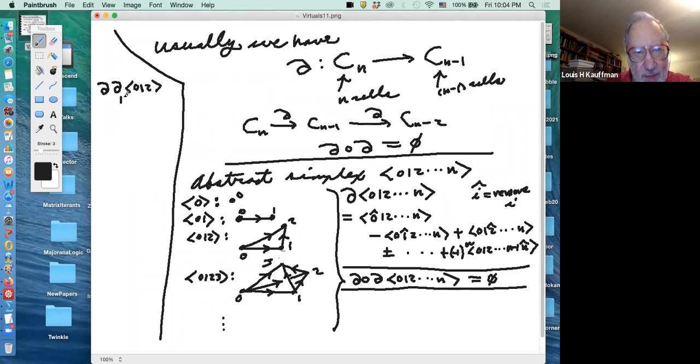The boundary is 1, 2 minus 0, 2 plus 0, 1. And you go back to here and you see 1, 2 minus 0, 2, which means you go backwards along that, and plus 0, 1. And so the boundary of it is actually going around it like that in a cycle.